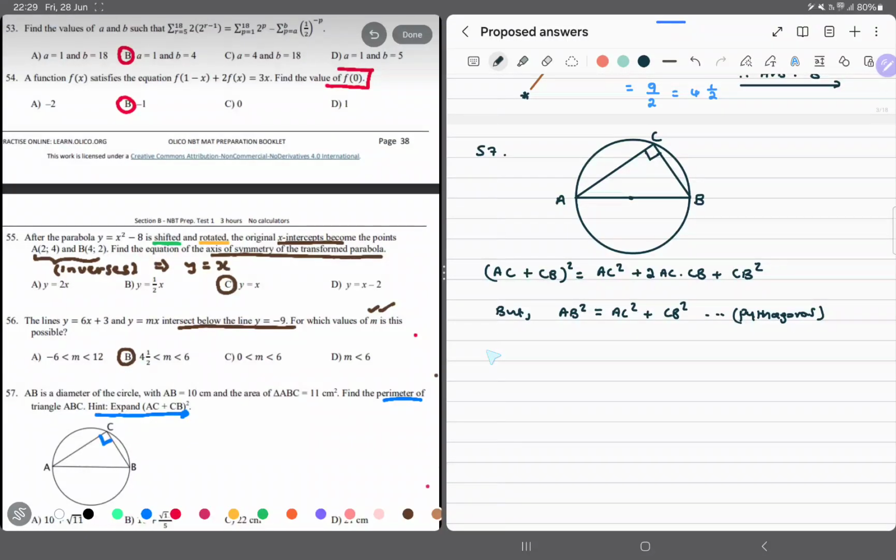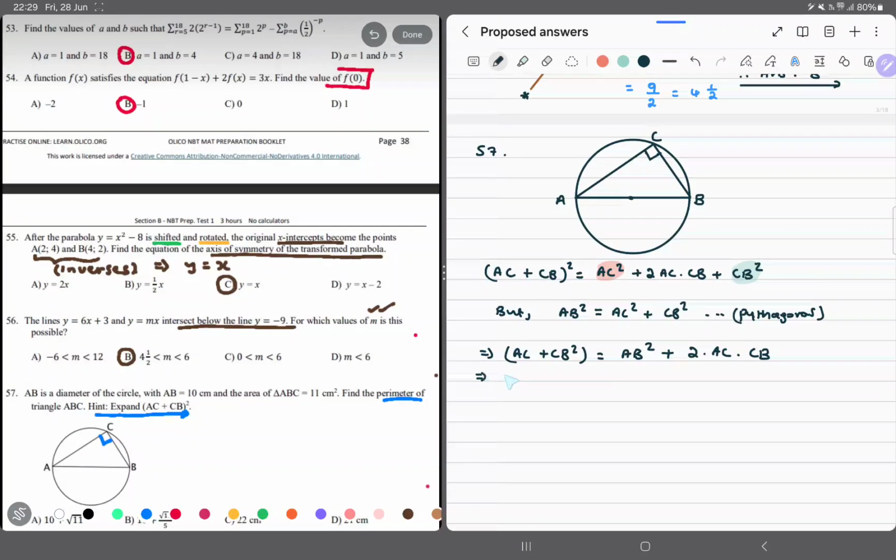Alright, so this implies that AC plus CB squared is equal to, now if we take AC squared and we add CB squared, what does that give us? It gives us AB squared plus 2 times AC times CB. Great.